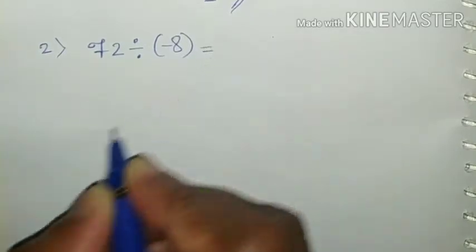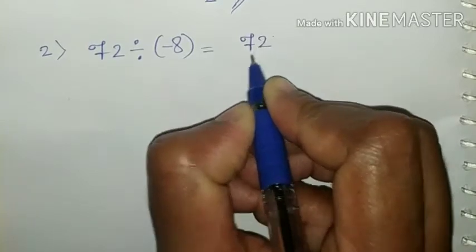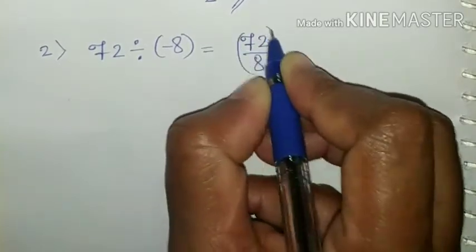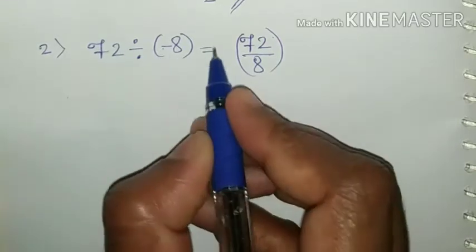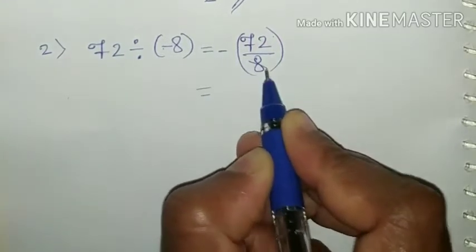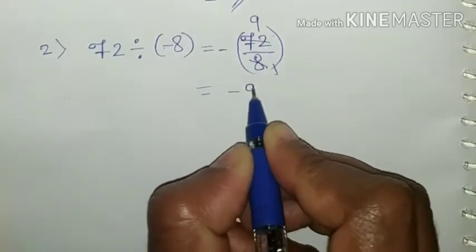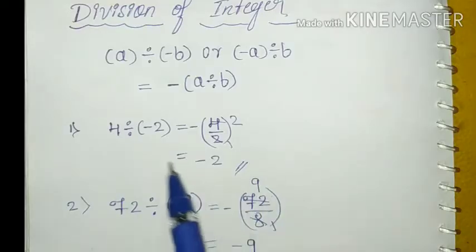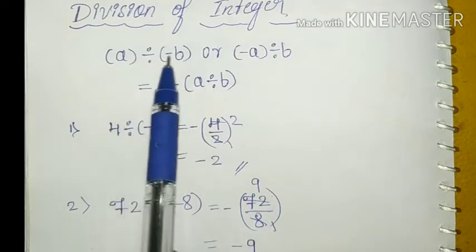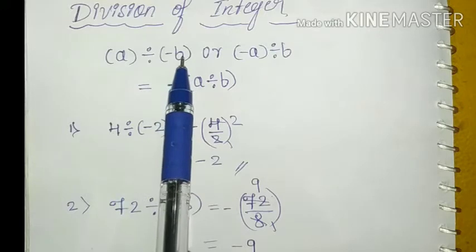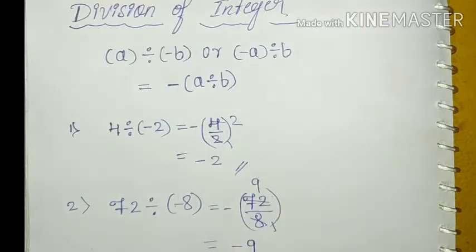This one also we divide as whole, 72 divided by 8, and put a minus sign before the quotient. 8 ones are 8, 8 nines are 72, so minus 9. This is the way to divide a positive integer by a negative integer or a negative integer by a positive integer.